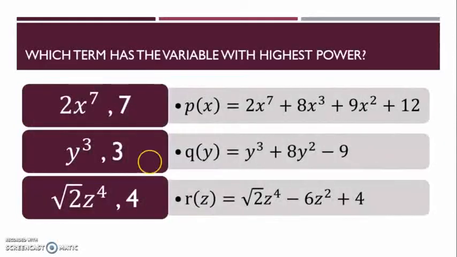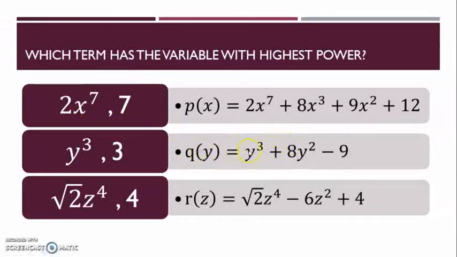So now I would like you to consider the polynomial p of x. Which term has the variable with the highest power? Here we can see 2x to the power 7. So this term has the variable with the highest power. So the highest power is 7.